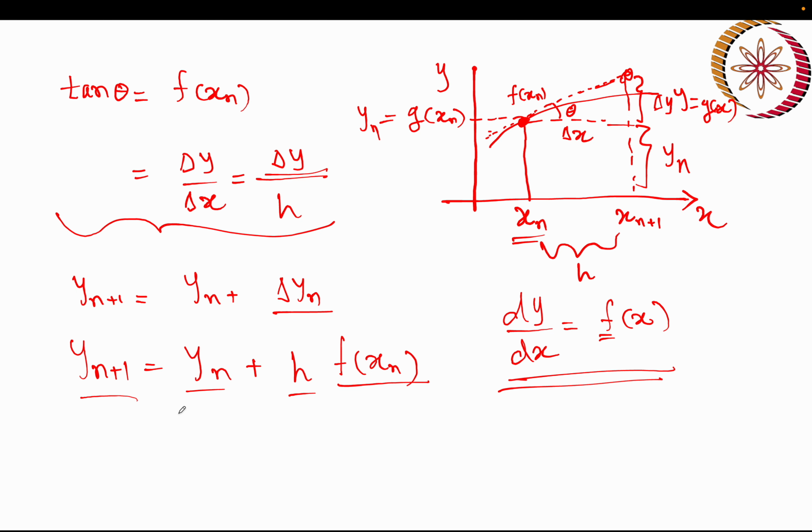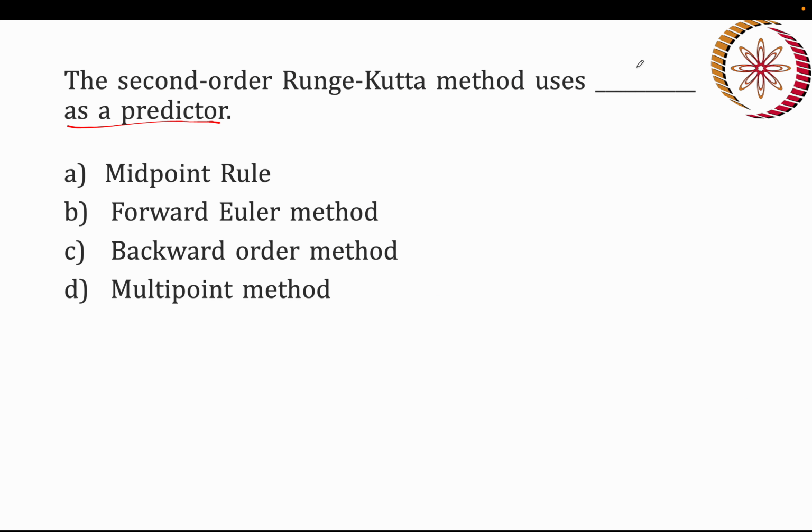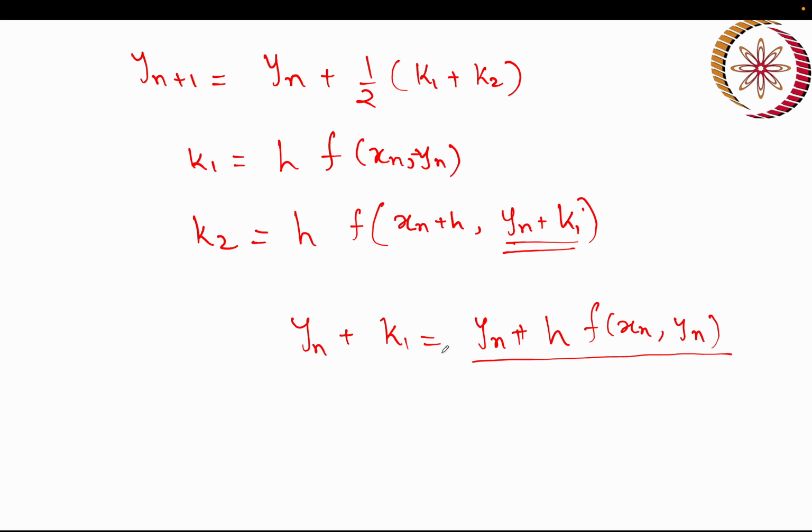In the Euler method, that's what we have used to predict the value of the function at the next location. So what we are computing here is nothing but the prediction for yn plus 1. So this k2 we can write as f of xn plus 1 comma y of n plus 1.